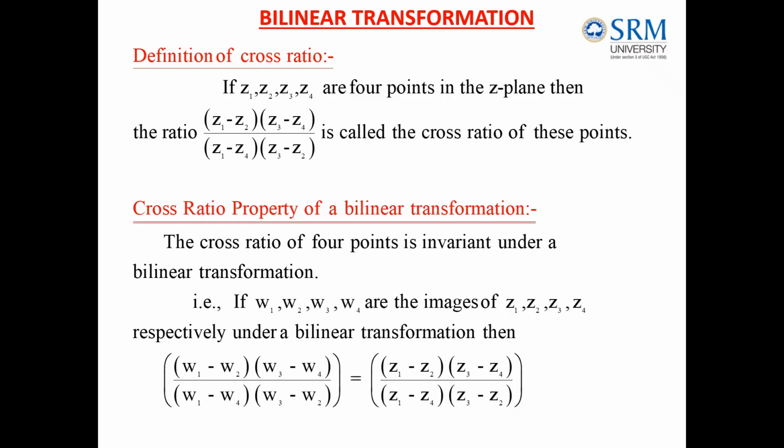The left hand side cross ratio is written in terms of W, the right hand side cross ratio is written in terms of Z. This property is otherwise called the 4-point formula of bilinear transformation. If the 4 points and their images are given, we can apply this to find the bilinear transformation.